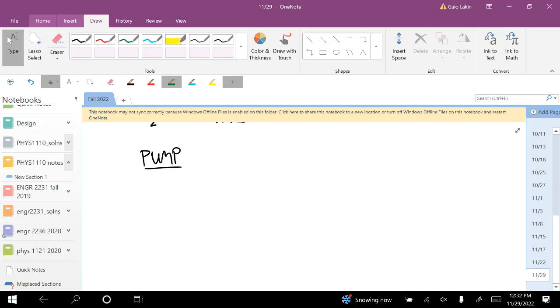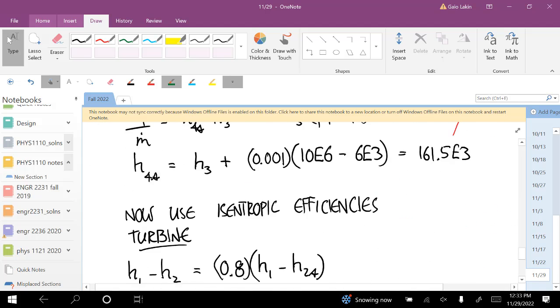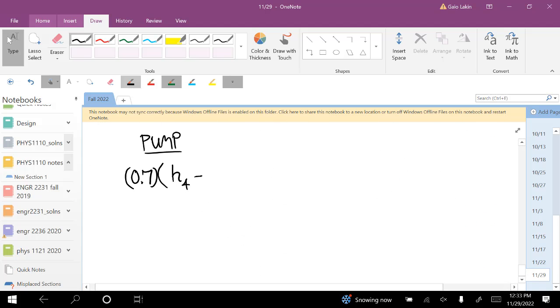So we have 0.7 times the quantity H4 minus H3 is equal to H4S minus H3.